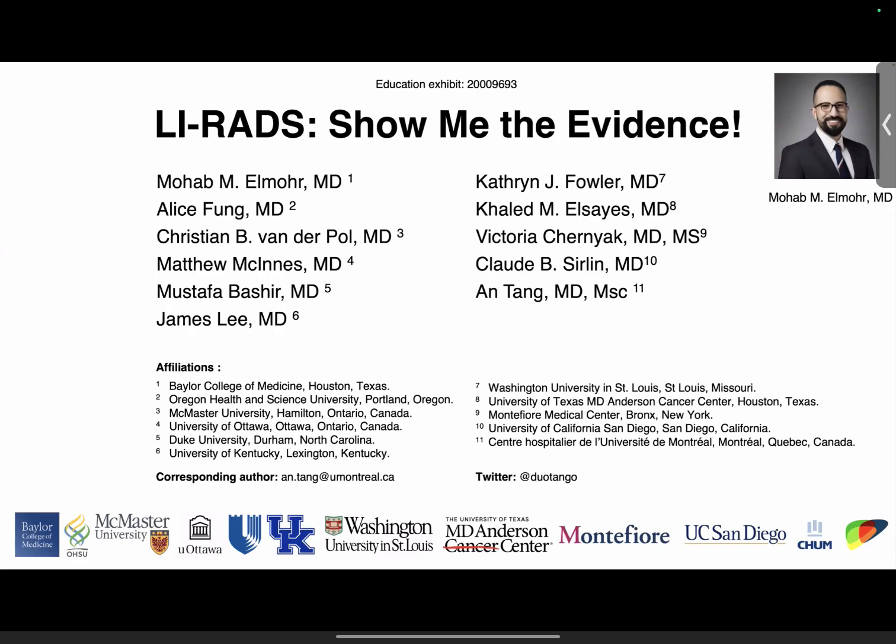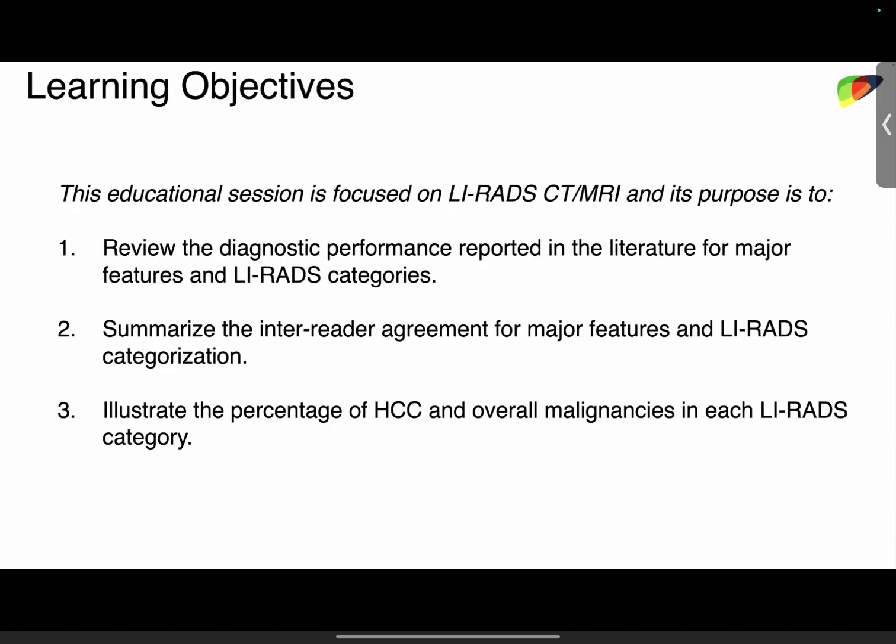By the end of my lecture, we will review the diagnostic performance reported in the literature for major features and for LI-RADS categories. I will summarize the inter-reader agreement for major features and LI-RADS categories, and also illustrate the percentage of HCC and overall malignancies for each category.